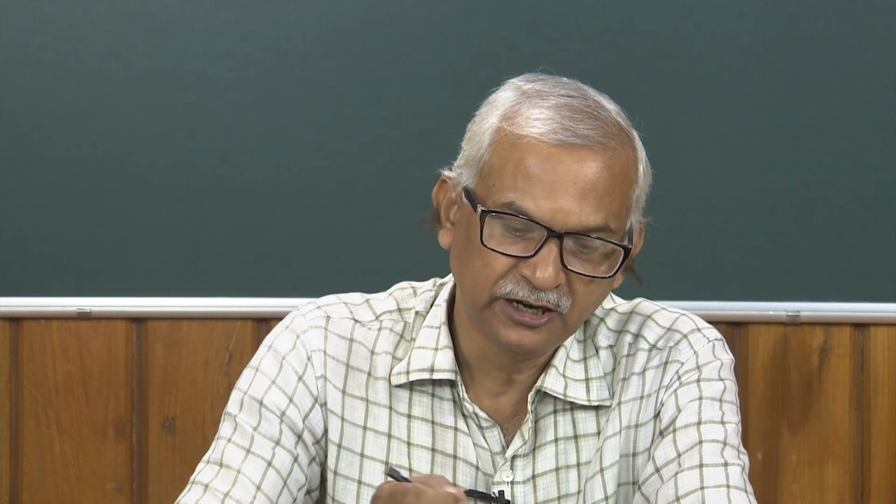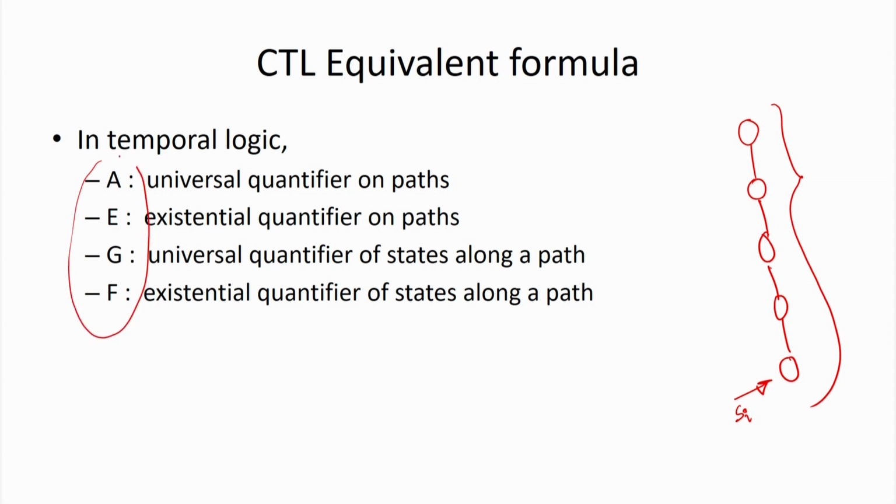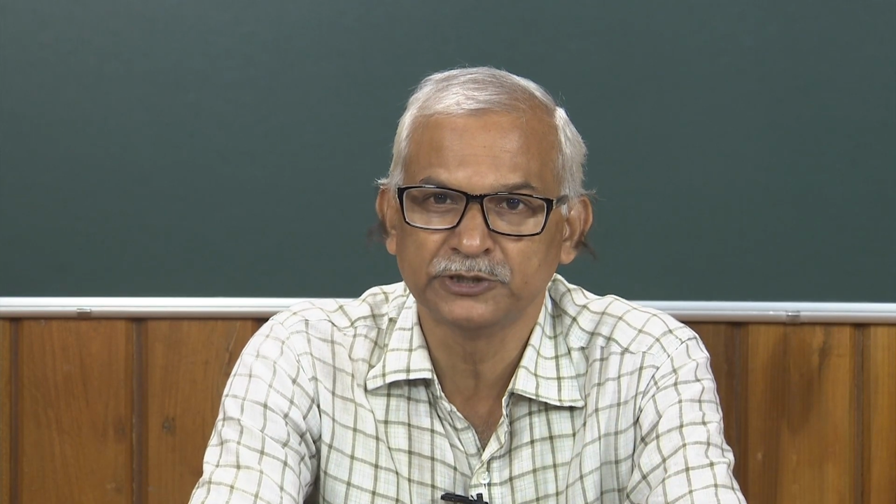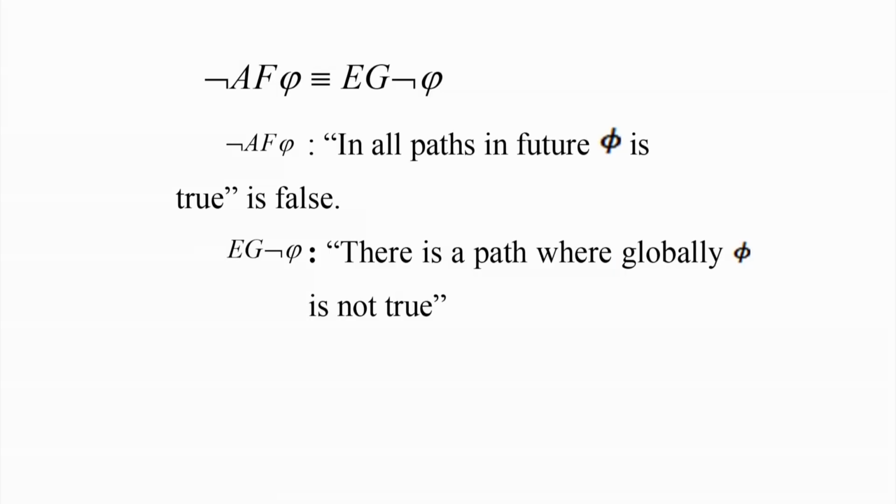Now, by considering these four parameters A, E and G, F, we are going to have some equivalence formulas. Let us see what those equivalences are. The first equivalent formula we write is: not of A F phi is equivalent to E G not of phi. What does it mean? Not of A F phi says that in all paths, in future phi is true, is false.